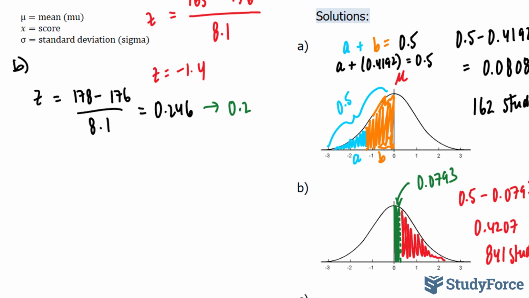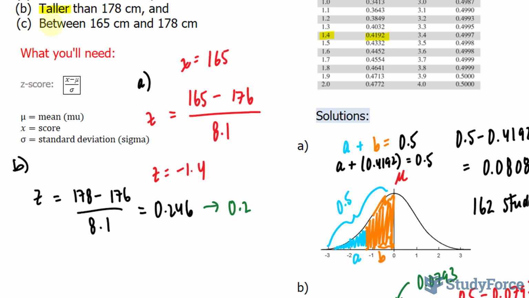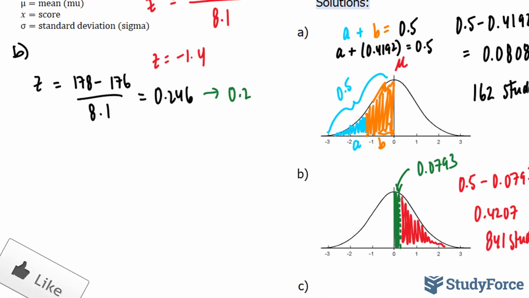Now for question C, they want us to find between 165 and 178. To do this last question, I'll just use information that I found out earlier. They want us to find out between here and this part. That's not hard to do. All I have to do is add up the areas from here all the way to here, and then multiply by 2,000.